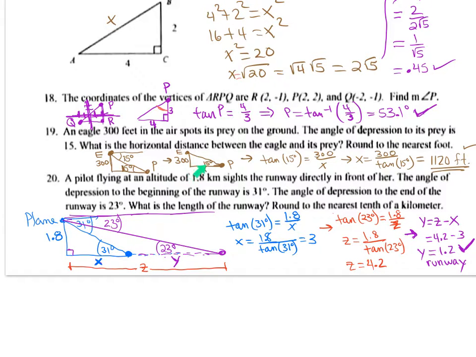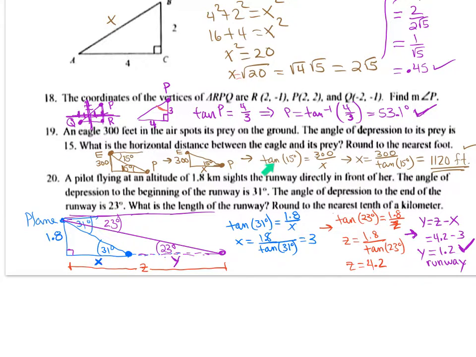All right, so over here we have the triangle, 15 degrees. This length down here would be x, which is what we're trying to find, because that's the horizontal distance. 300 is the height here. 300 is the opposite of this 15 degree angle, and x is the adjacent side of the angle.